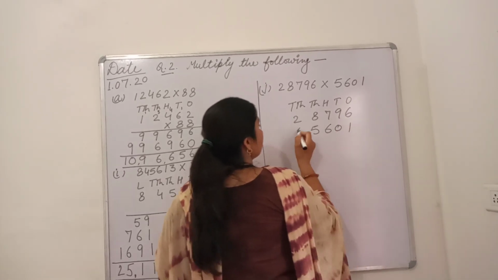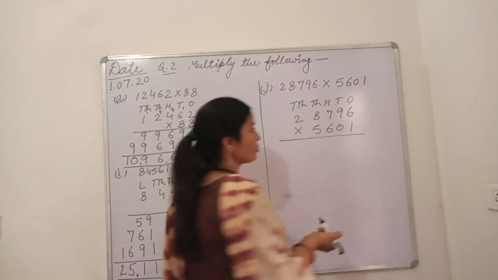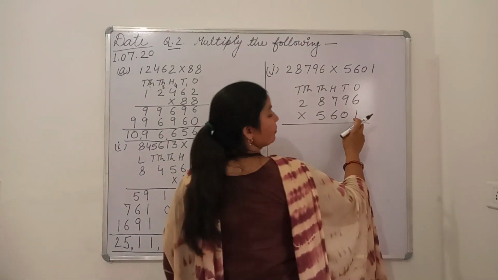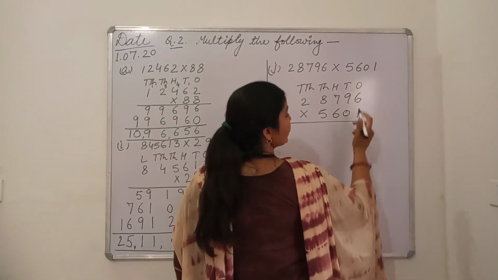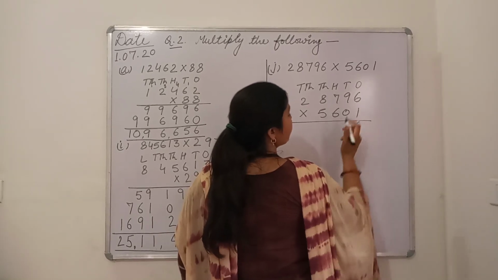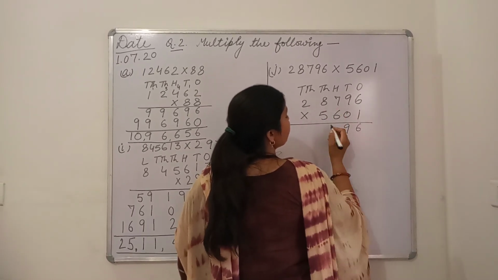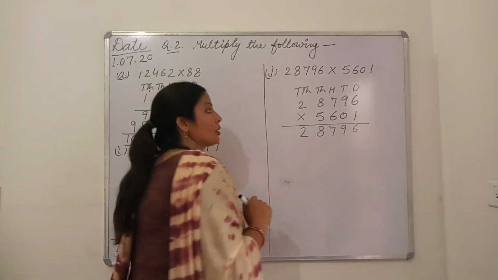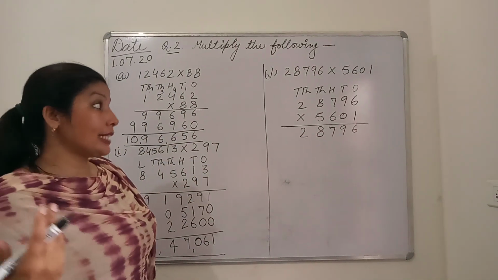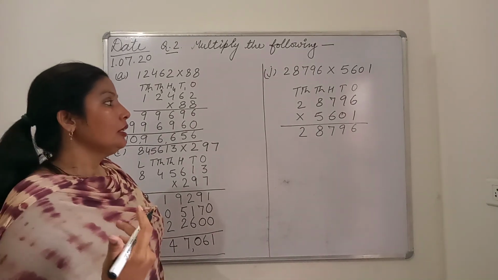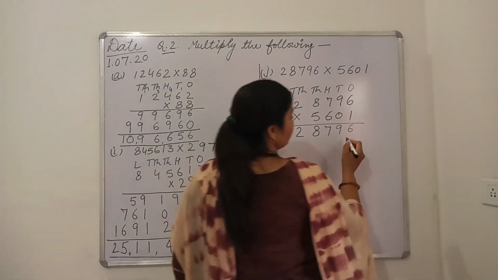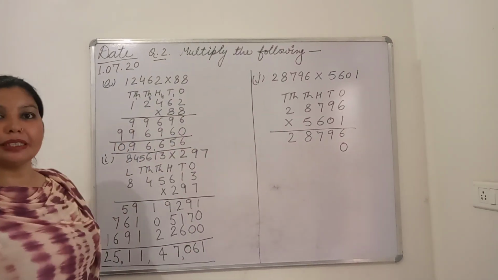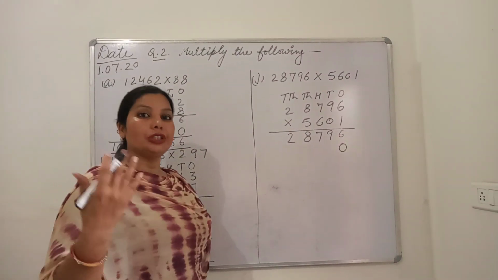Okay, so multiply this. First of all multiply by 1, because there is 1 in the ones column. 1 6 is 6, 1 9 is 9, 1 7 is 7, 1 8 is 8, 1 2 is 2. Now we should multiply by 0 tens. 0 tens means the ones column will be 0. Now we know very well, according to the property, any number multiplied by 0 is 0.